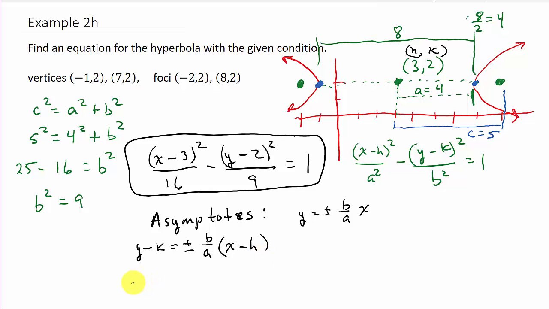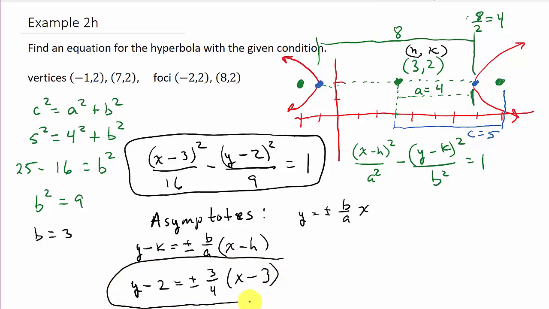And so the asymptotes would be y minus 2 equals plus or minus b over a. Well, b squared is 9, so b is 3, so that's going to be 3 over a, which is 4, times x minus h, and h is 3. And this would be the equation for your asymptotes.